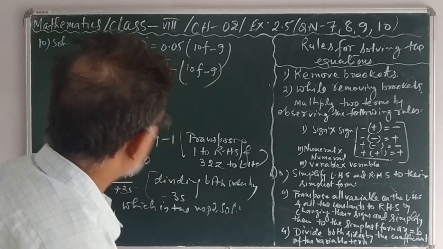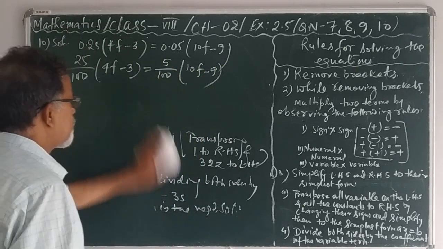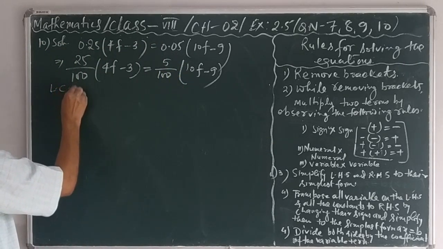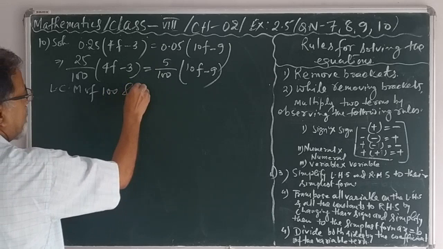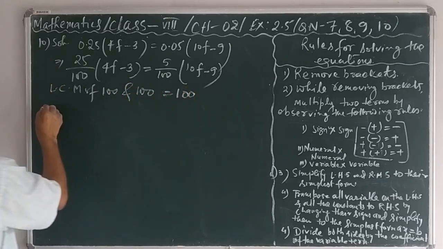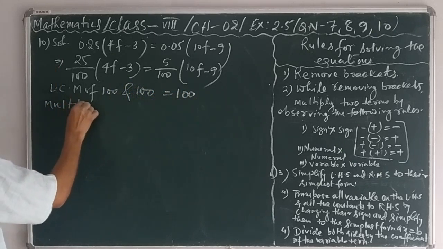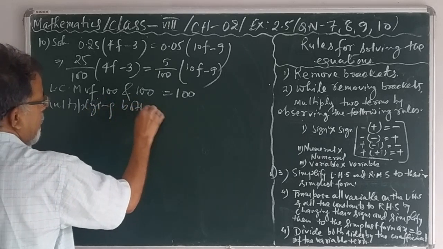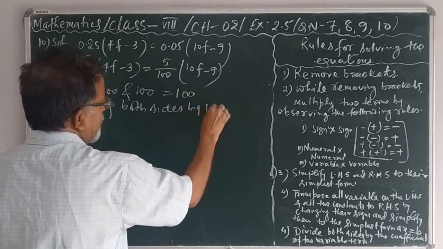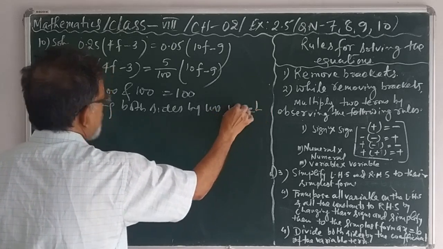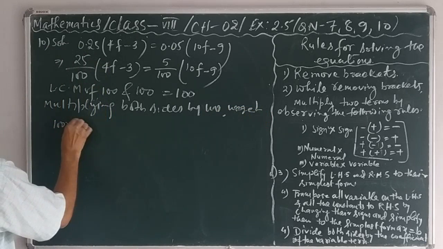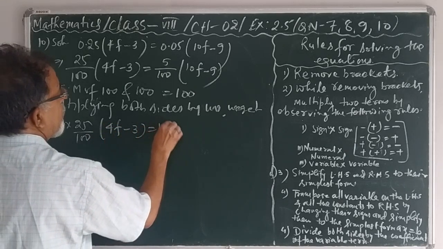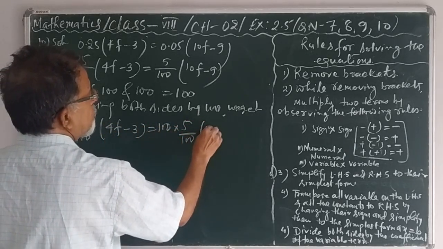Now LCM of 100 and 100 is equal to 100. Multiply both sides by 100, we get 100 into 25 by 100 into (4f minus 3) equals 100 into 5 by 100 into (10f minus 9).